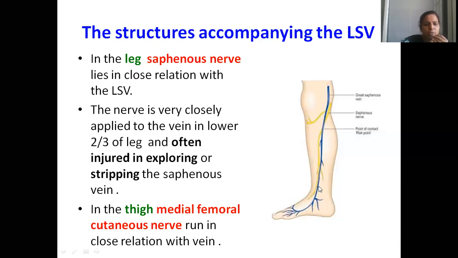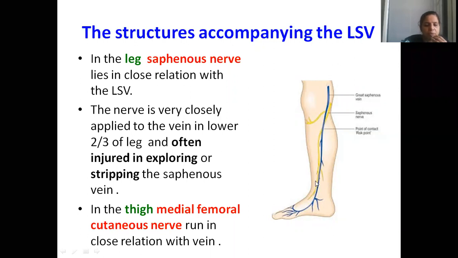And often injured in exploring or stripping the vein. Like suppose when sometimes we take this vein for grafting. This I told you when I was doing cardiac bypass surgeries, I told you this point. We can use these veins, we can just reverse the direction of valves, if you remember. While taking this vein for the graft, there are chances of damaging this nerve.